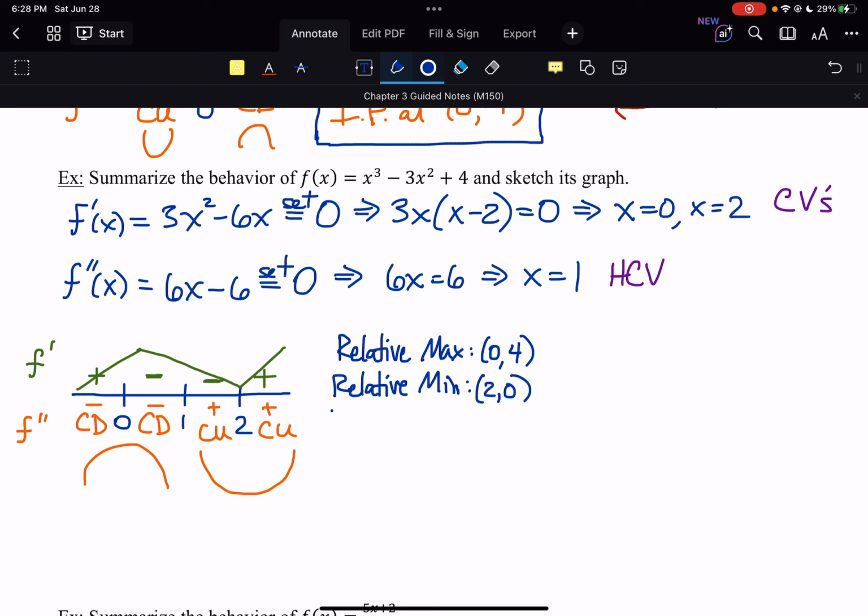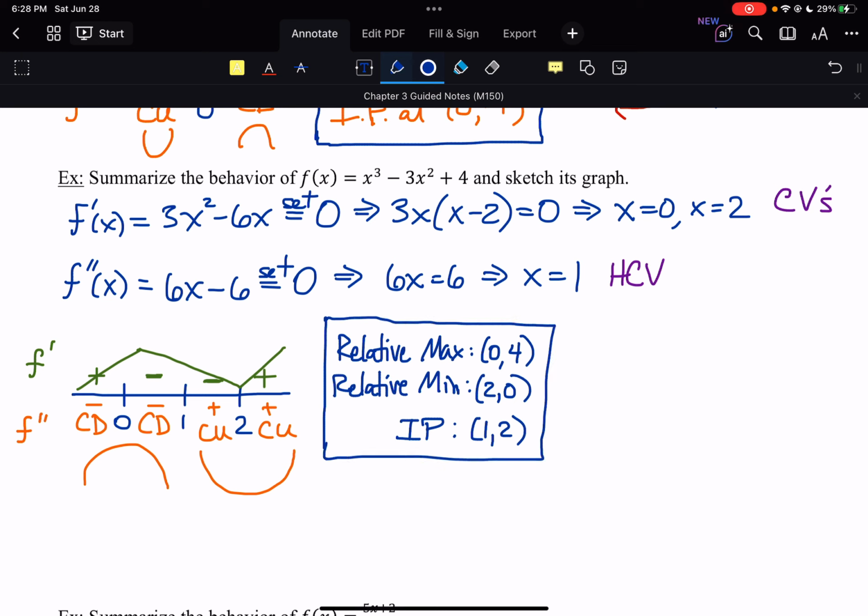So that's (2, 0). And we're going to have an inflection point at 1. And then let's see, that's 1 minus 3, negative 2 plus 4 is 2. So (1, 2) is an inflection point. So these are all of our notable points of interest.